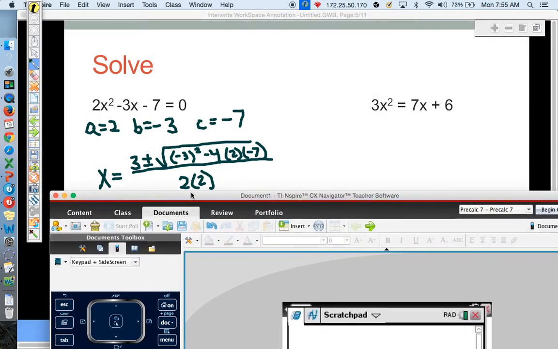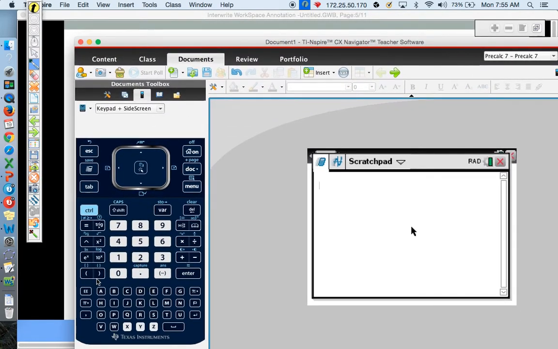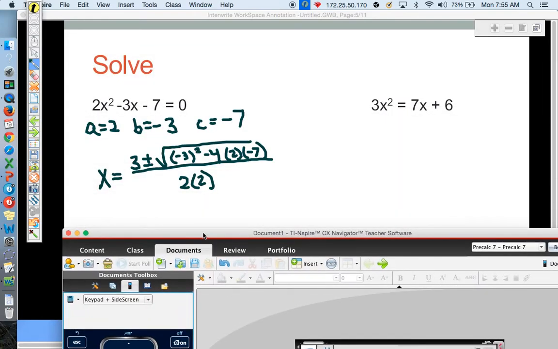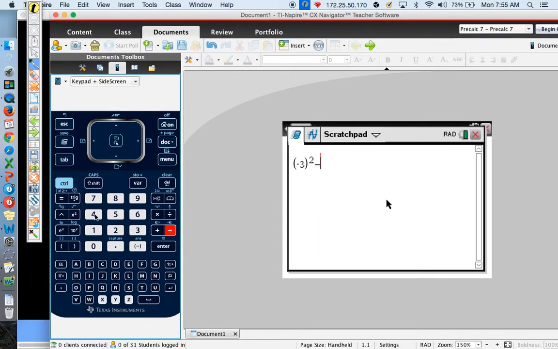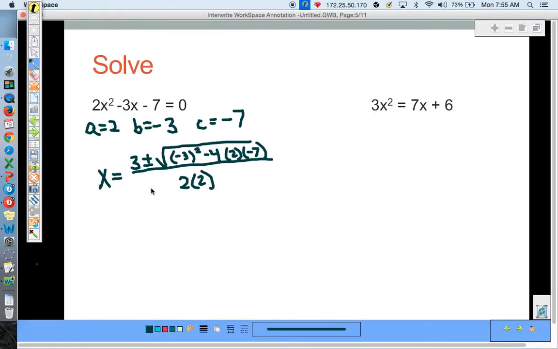So what's underneath the square root symbol? We had negative 3 squared minus 4 times 2 times negative 7. So we have the square root of 65. So x equals 3 plus or minus the square root of 65 over 4.